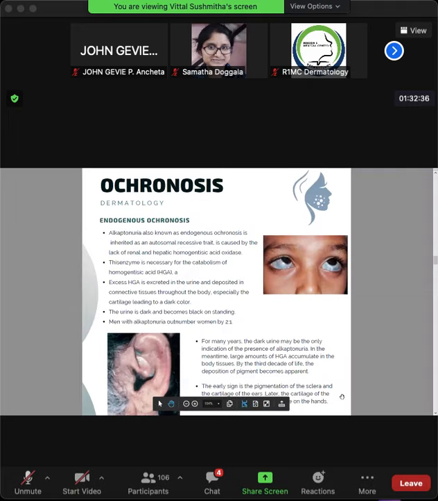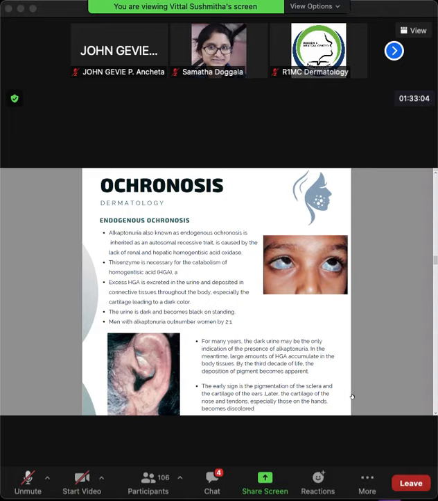It is inherited as an autosomal recessive trait caused by the lack of renal and hepatic homogentisic acid oxidase. This enzyme is necessary for the catabolism of HGA, which is a byproduct of tyrosine and phenylalanine metabolism.